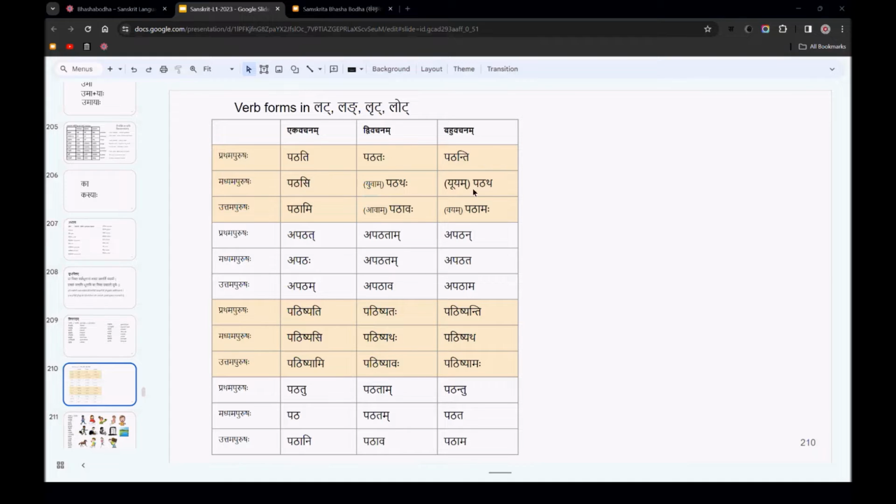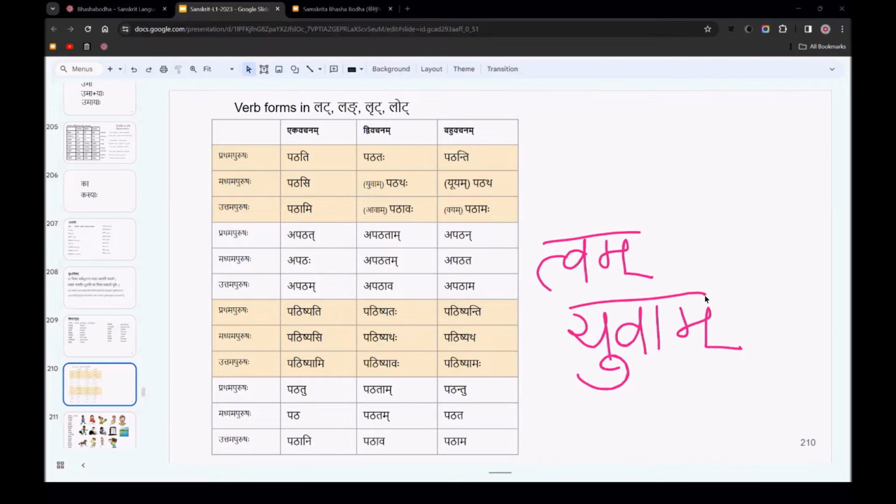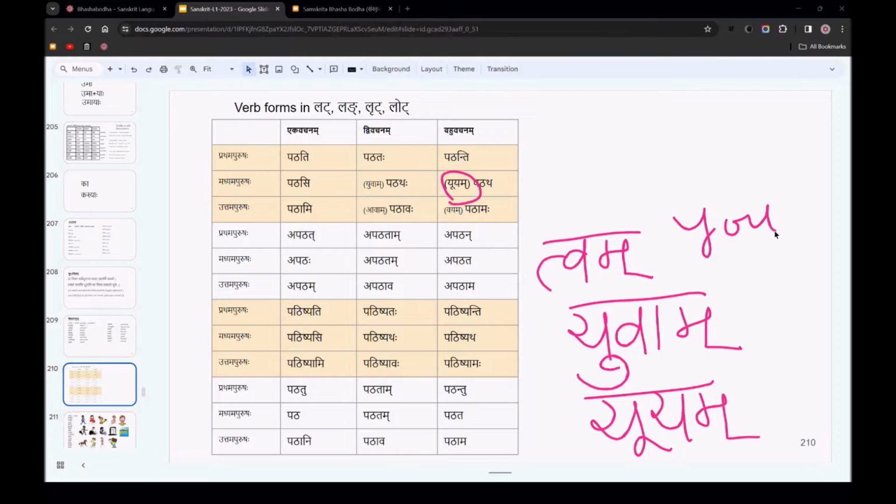When Madhyama Purusha is applied, these forms are applied when the word used for you is tvam in ekavachana, or yuvam in dvivachana, and yuyam in bahuvachanam. So these mean you in English, two of you, and more than two of you, yuyam.